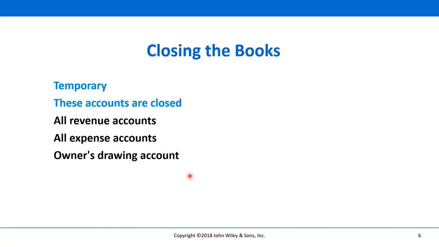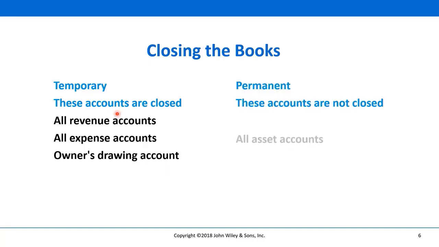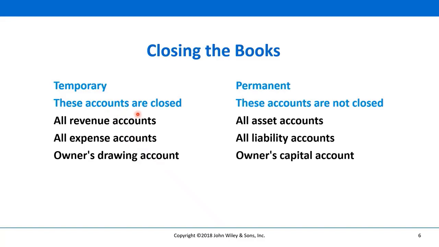We do not want our revenue balance or expense balance to get carried forward to the future year. So these 3 fall into the category of temporary accounts, and the rest of the 3 fall under the category of permanent accounts.